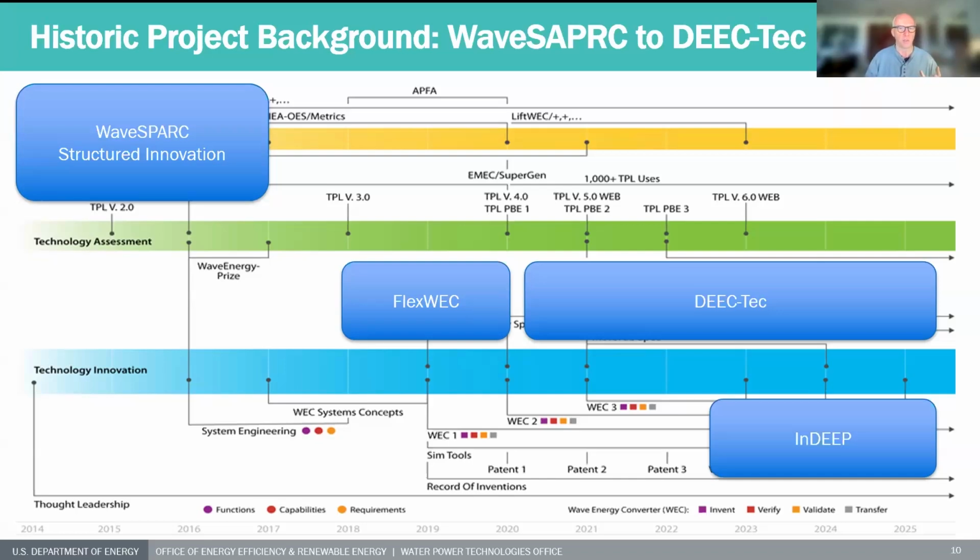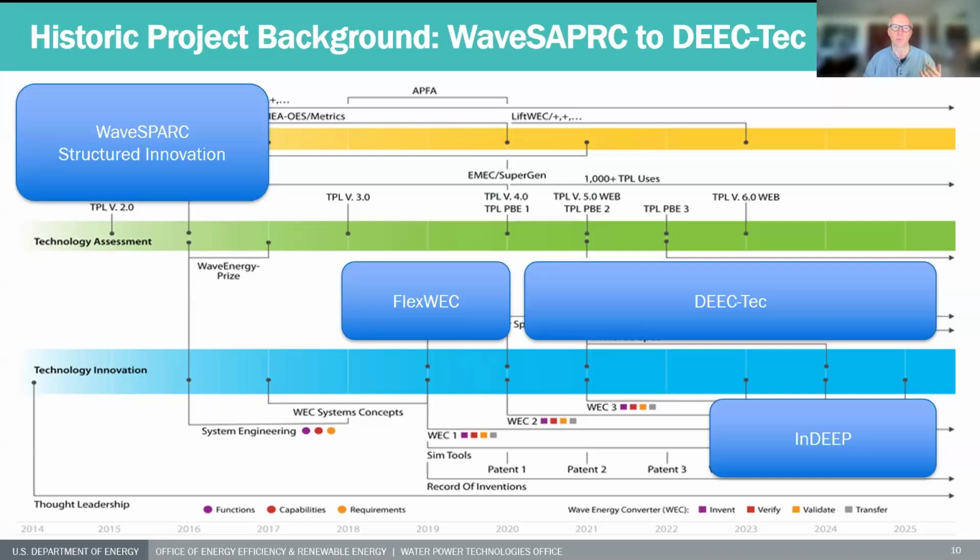And when these concepts and ideas are worthy enough to deliver merit for their own project, so they're not being carried in WaveSpar anymore, then new projects were born. Out of a lab call we had some years ago came the FlexWac project, and when that transitioned to a more continuous project, that led to DEEC-Tec. In the same way as these projects came out of it, the prize came out of it, the InDEEP prize that we're talking about here.